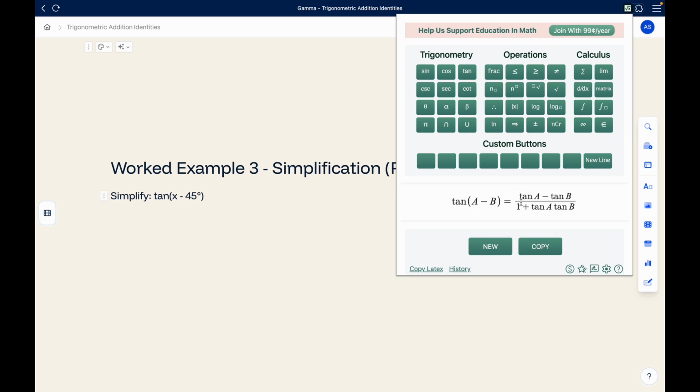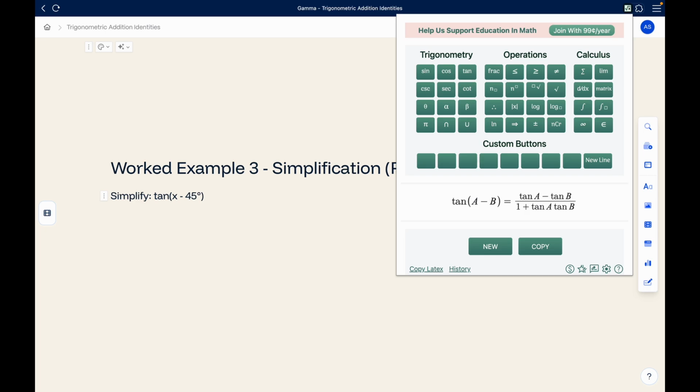So what we have is tangent A minus tangent B because over there it's plus minus, and on the bottom we have the opposite sign because it's minus plus, but I don't have minus plus, so I instead opted to do this. Maybe in another video when we have minus plus, I'll figure out how to customize these custom buttons and include minus plus as a part of there. But that's beside the point for now.